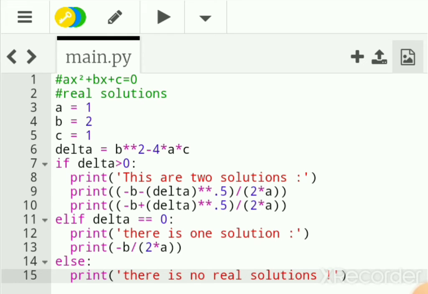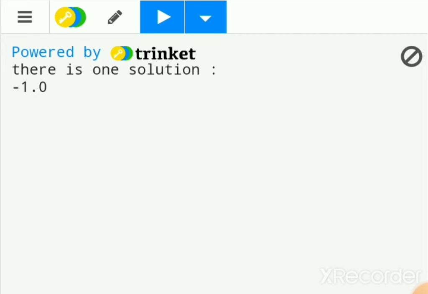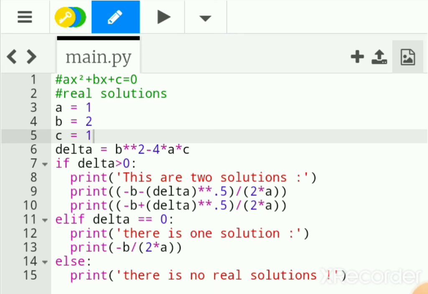For this equation which has a equal 1, b equal 2 and c equal 1, we will see our results. There is one solution which is -1. Okay, so there is just one solution. Good. Now we will change this equation.